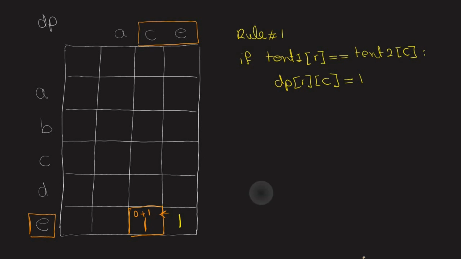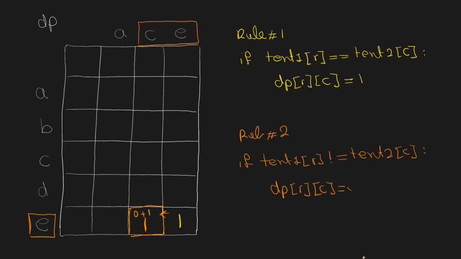Okay, it seems that my second rule, rule number 2, is that if text 1R is not equal to text 2C, then dp r c equals 0 plus, from the right side, dp r c plus 1. Okay, that is my rule number 2 so far.